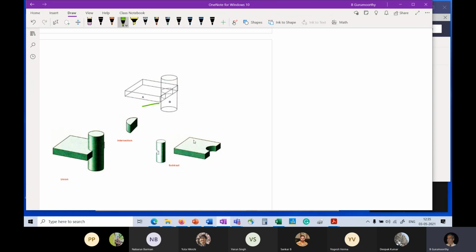Presumably, the most sensible or typical part that you may want is this, which corresponds to the operation A minus B. You subtract B from A. But of course, set algebra, those of you who remember it, know that the other way is also possible. I can subtract A from B as well, in which case I get this object here. This is, of course, the union operation, and this is an example of the outcome of the intersection.